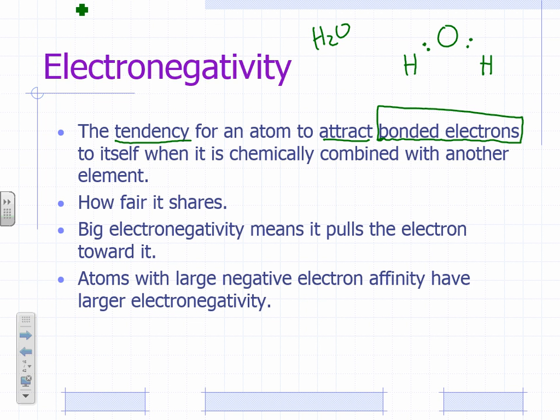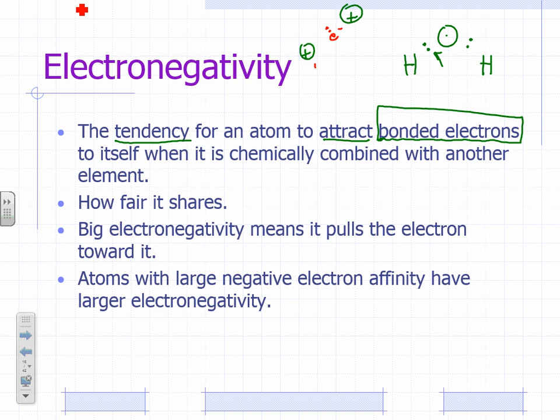When the hydrogen atom and the oxygen atom form this connection, they share electrons, but they position them between the 2 nuclei. So effectively we have an oxygen nucleus there, a hydrogen nucleus here, and a pair of electrons in between, which are, as you know, negative.